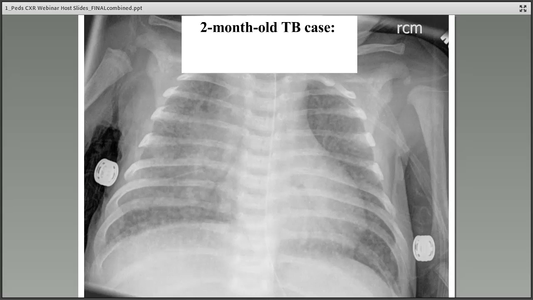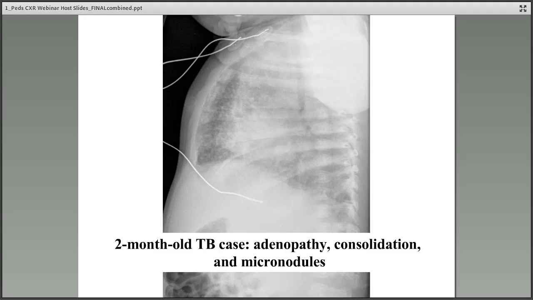In addition, you begin to see diffuse micronodules throughout the lungs. On the lateral, the consolidation is visible over the heart. Adenopathy is also clearly seen on the lateral radiograph.